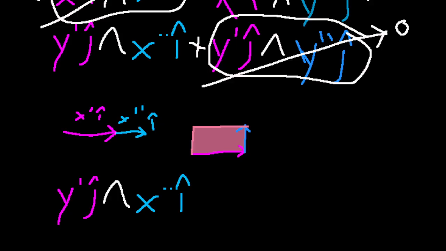So this is actually then equal to minus x double prime of i hat wedge with y prime of j hat.